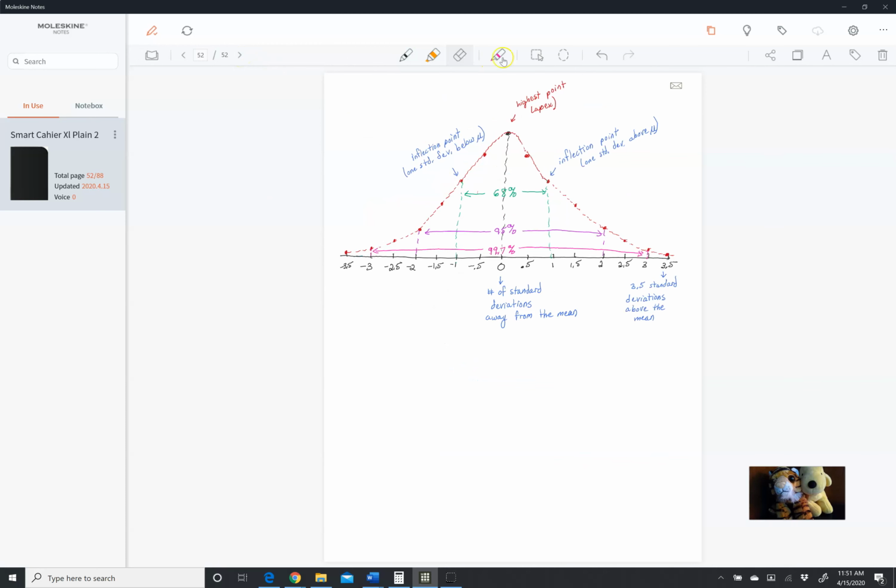So let's write that down somewhere else, okay, underneath. 68% of the data is within 1 standard deviation of the mean. This is, again, the same for every normal distribution.